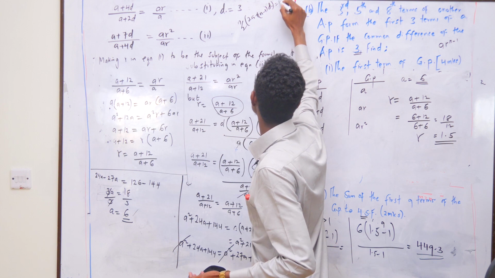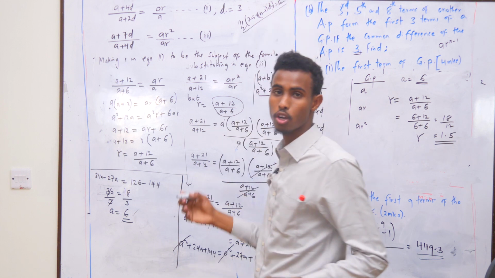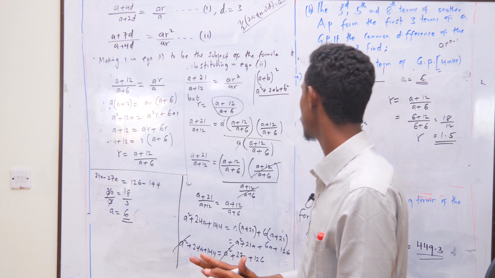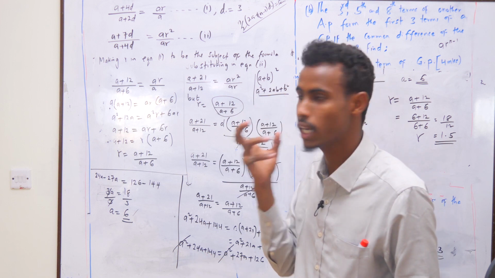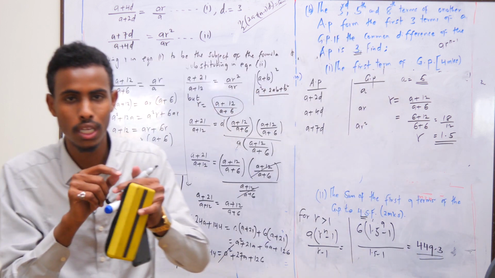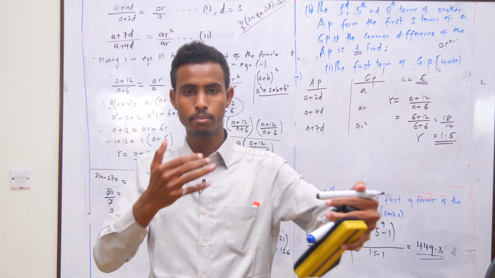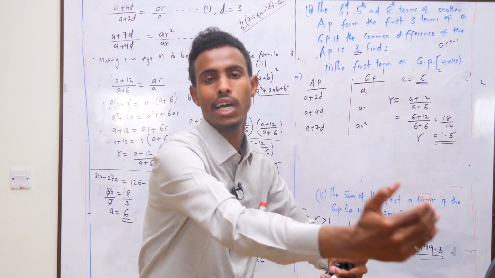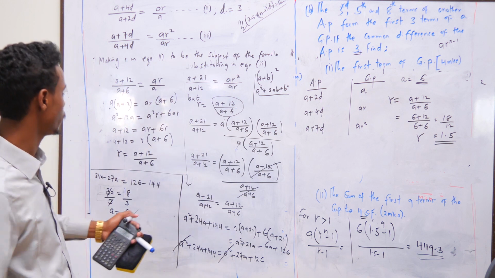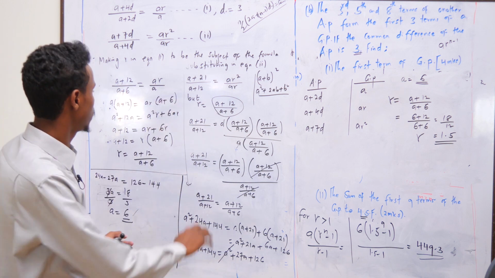Then you equate it to the sum. But the question I wanted you to understand, and was laying emphasis on, was how can we relate a corresponding arithmetic progression to a geometric progression, which I have done here, and you can see it.